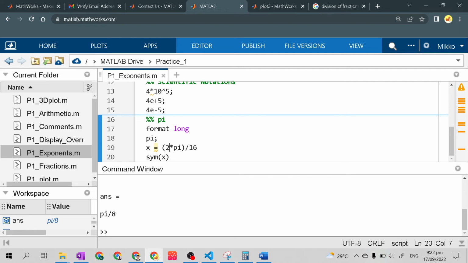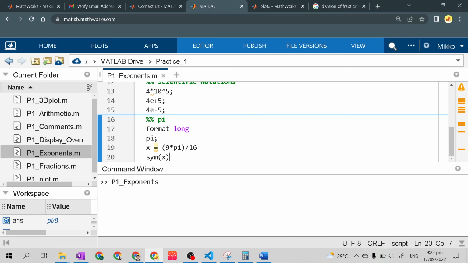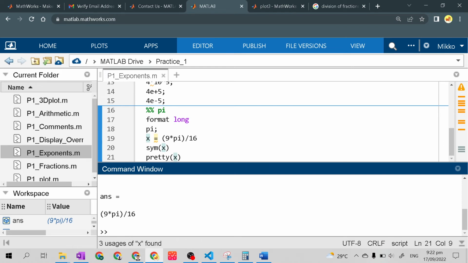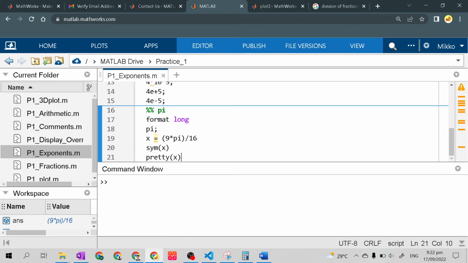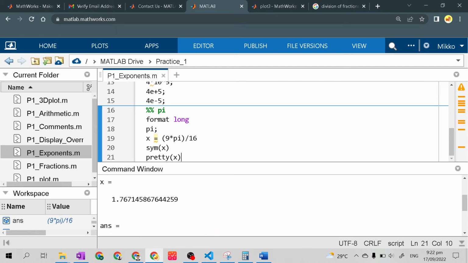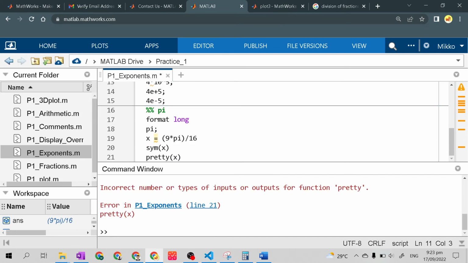Let's try 9 times pi over 16. Then F5. The answer is 9 pi over 16. Now let's prettify it. Oh, it doesn't want to prettify x. Let's make the pretty answer a comment first and see what will happen.